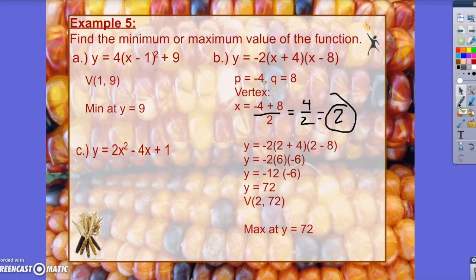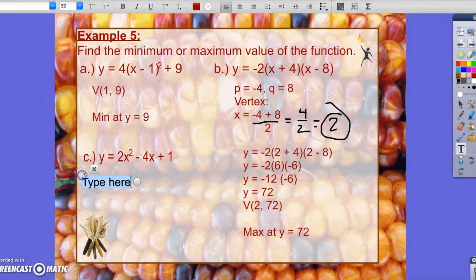Now for the last one, we go back to lesson 4.1 because it's in standard form. In standard form, if you remember, we use the formula x equals negative b over 2a. Negative b is the middle number here, so negative negative 4 is 4, over 2 times a.